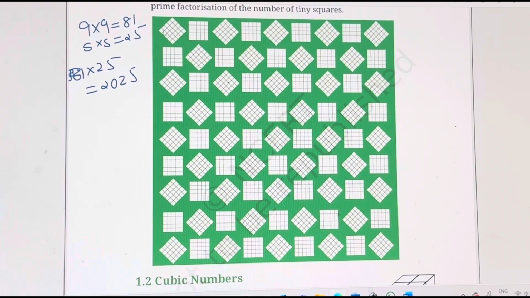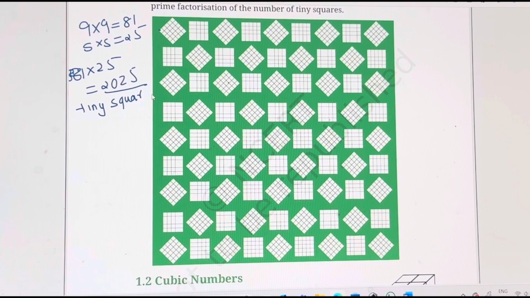So these tiny squares are 2025 squares. So what we did, we first multiplied 9 into 9, so that is 81. So such white squares are 81. This little bigger. And then inside each there are 25. So 81 into 25. So total 2025 tiny squares are there.